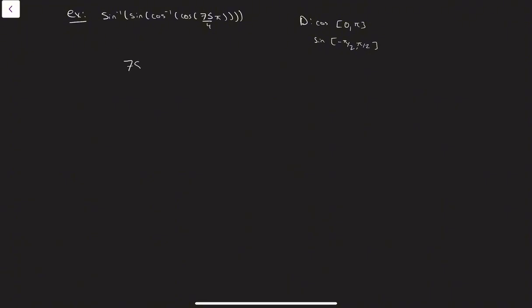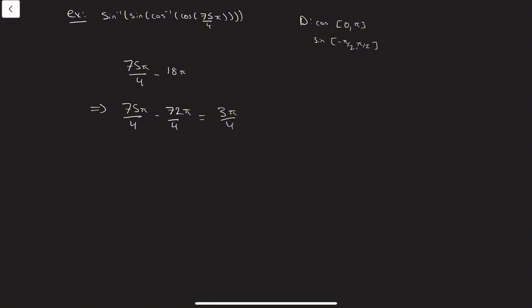So start with 75 pi over 4. Let's subtract 18 pi to get back to the same spot. 75 pi over 4 minus 18 pi, that's 72 pi all over 4. And that gives us 3 pi over 4. Great.